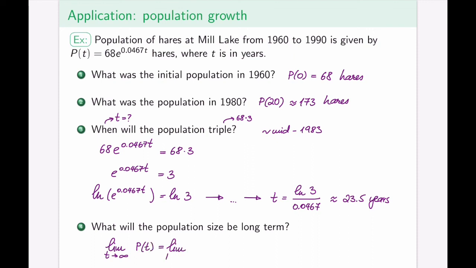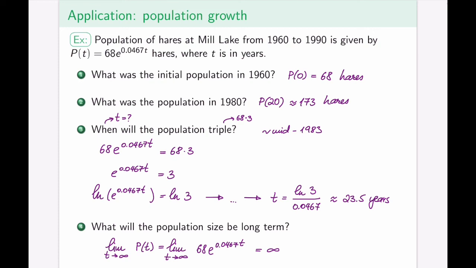So let's actually rewrite this limit with the population model. So 68 e to the power 0.0467t, and think about what this limit approaches. As t grows larger and larger, I'm plugging in bigger and bigger numbers for t, which means that my power keeps growing, and therefore e to this power approaches infinity, and therefore the entire limit itself approaches infinity.